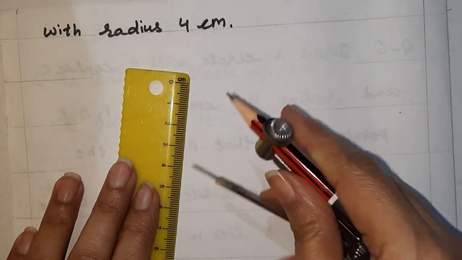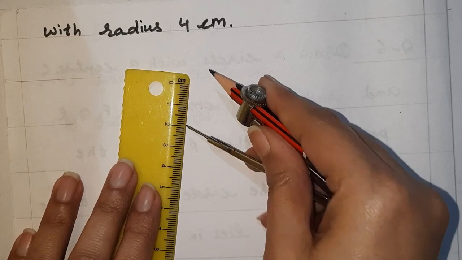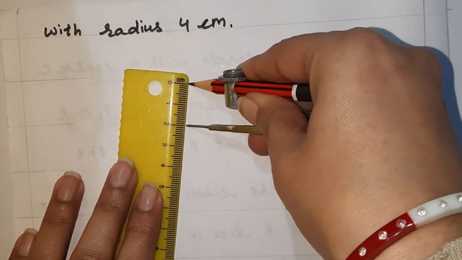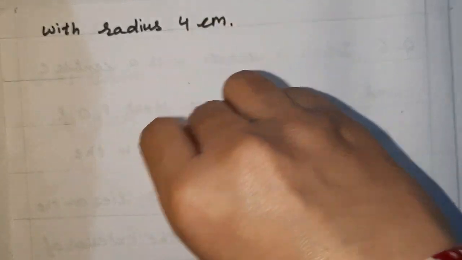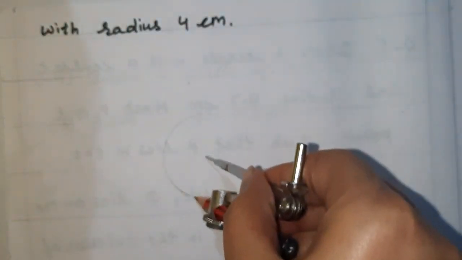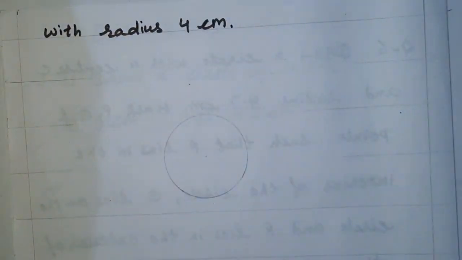Concentric, having same center. So first circle has a radius 2 centimeter. Measure 2 and draw the circle. Okay.